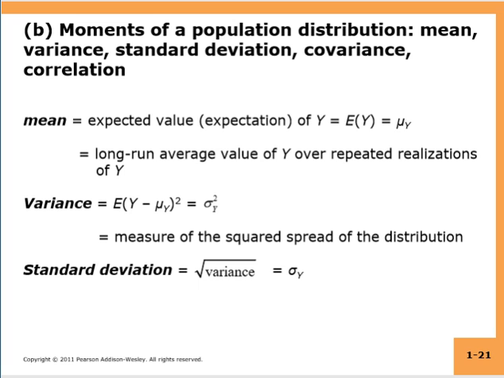So, the mean is the expected value, the expectation of y, that is, which value do you expect the variable to take. It is the long run average value of y over repeated realizations of y.